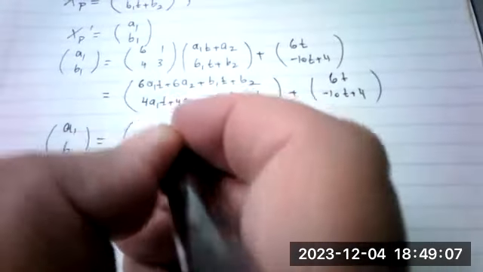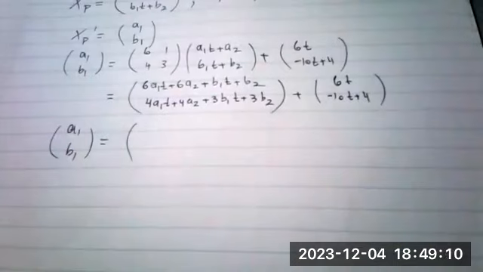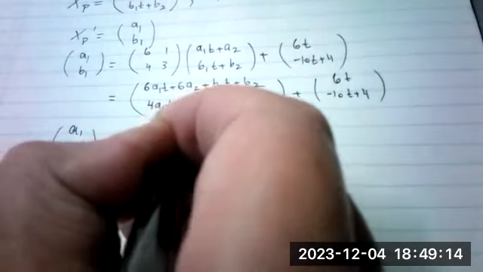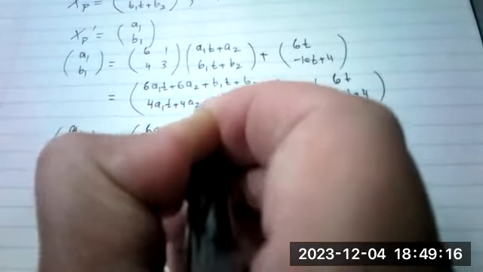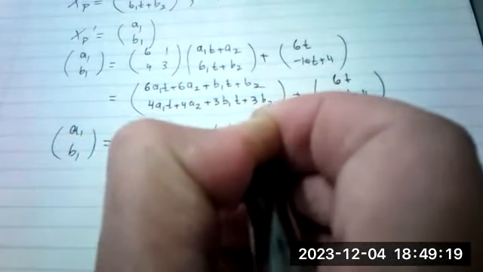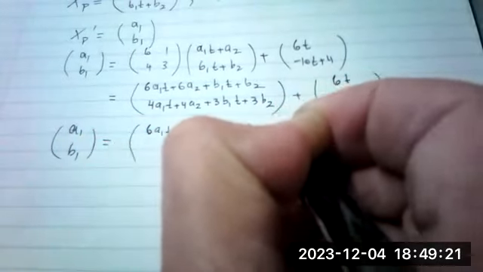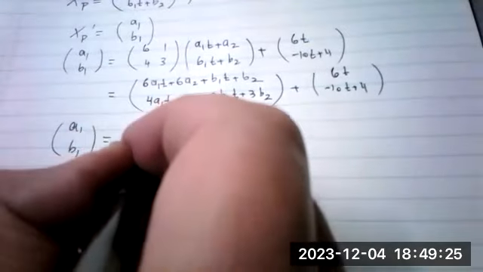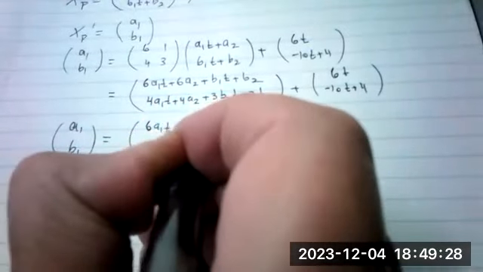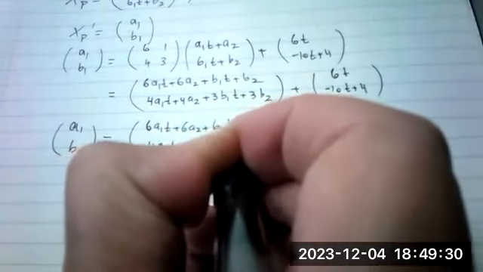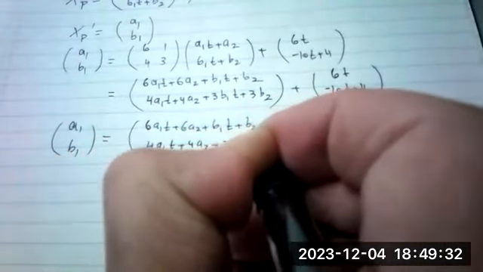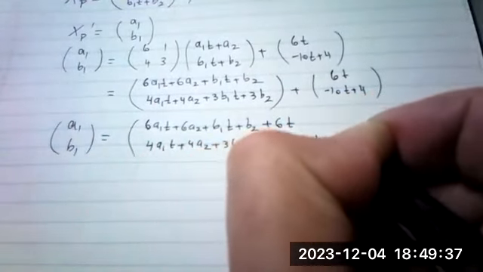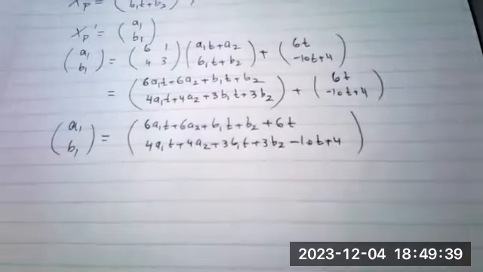Okay, so this is going to be 6A1t, 6A2, B1t, B2, and the plus 60. And the second part is the 4A1t, 4A2, 3B1t, plus 3B2, minus 10t plus 4. That's it.